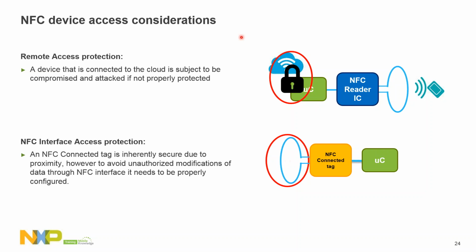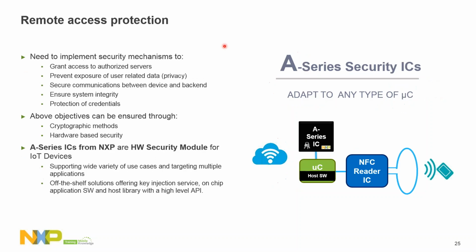So first, remote access. What shall we take into account when securing the remote access? And another question, why should we care about protecting the remote access from non-authorized entities to our device? For example, applications such as a smart meter for gas or electricity do require advanced security measures to ensure access only to those authorized backend services that can read and adjust the consumption or even switch off the utility service.